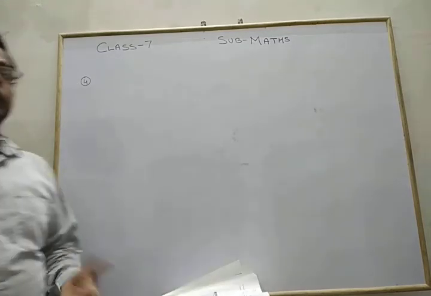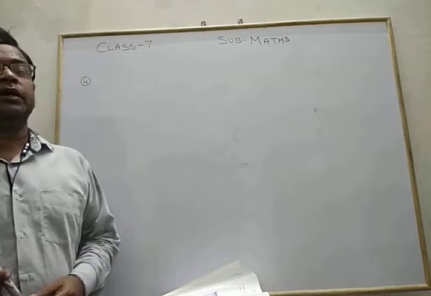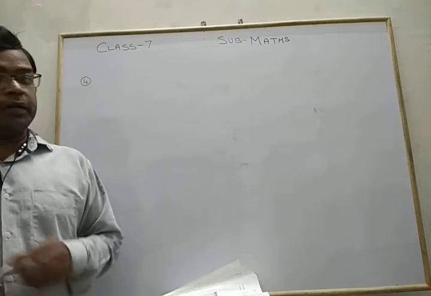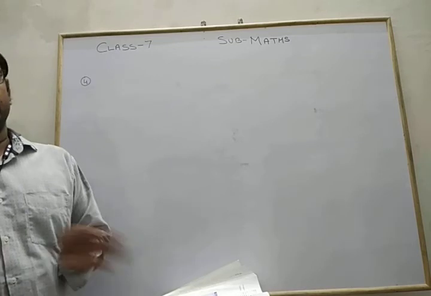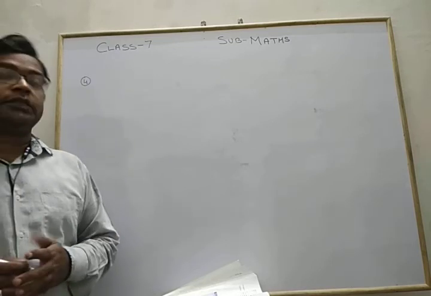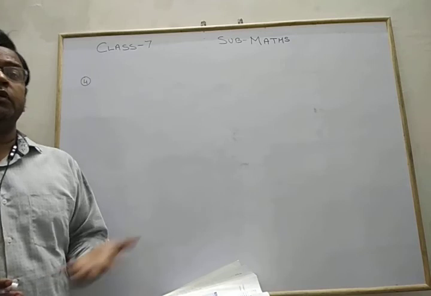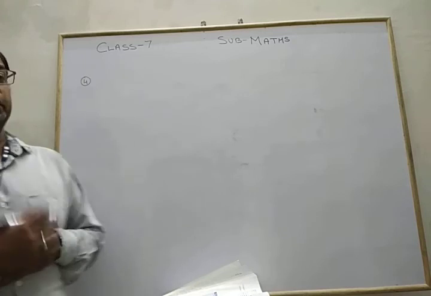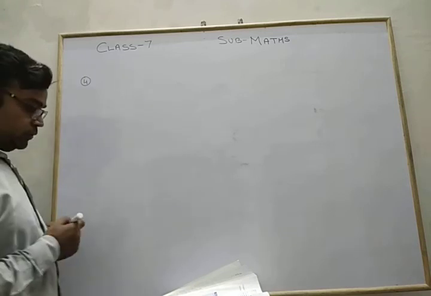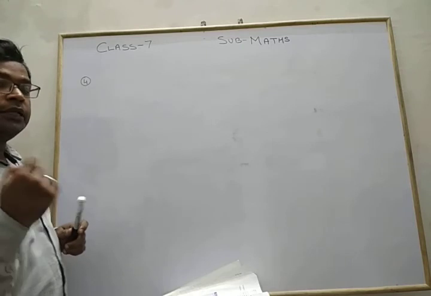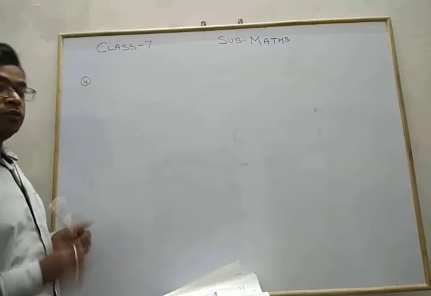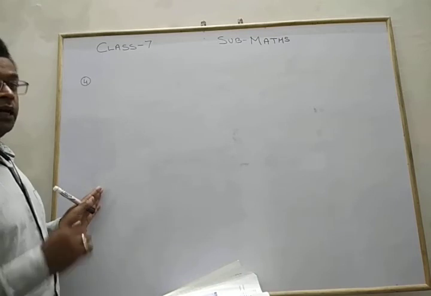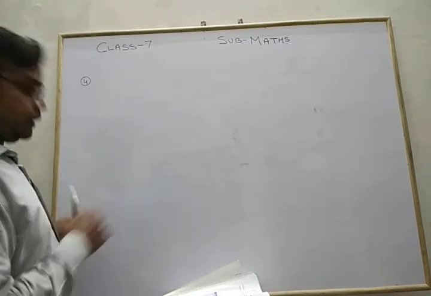First, it has a speed of 72 km per hour and reaches the destination within 10 hours. But next time he needs less time, so how much should he increase the speed? While writing the statement, you must follow that what is given to you in both parts, you write first. What is asked, write at last.